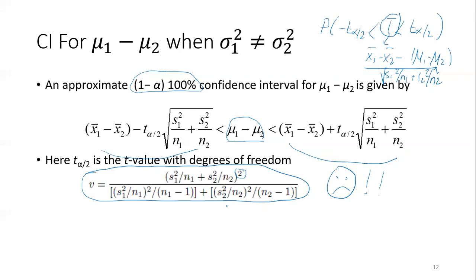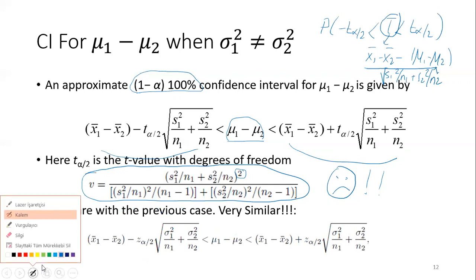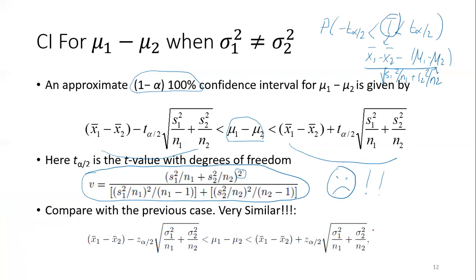If you are asked the question, just put in the values and calculate the degrees of freedom. Now compare this with the previous case where you know sigmas. This is the confidence interval when sigmas are known.